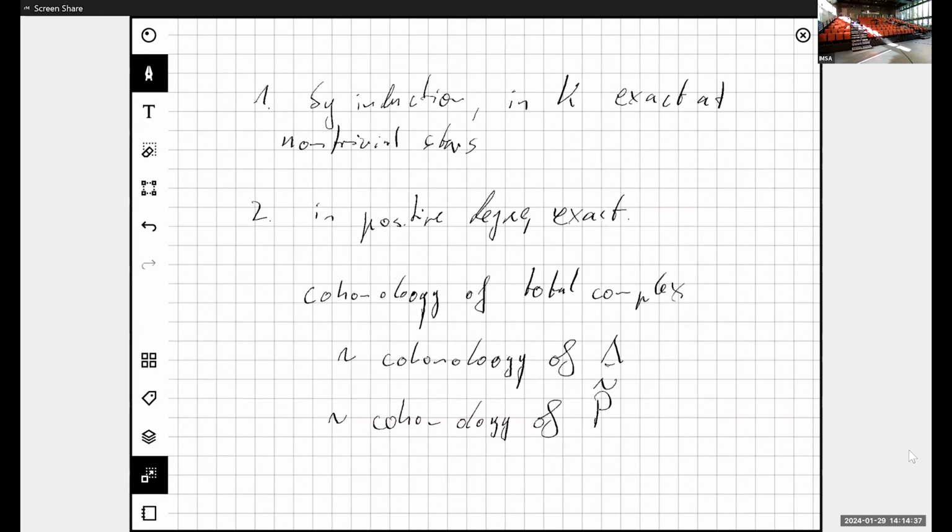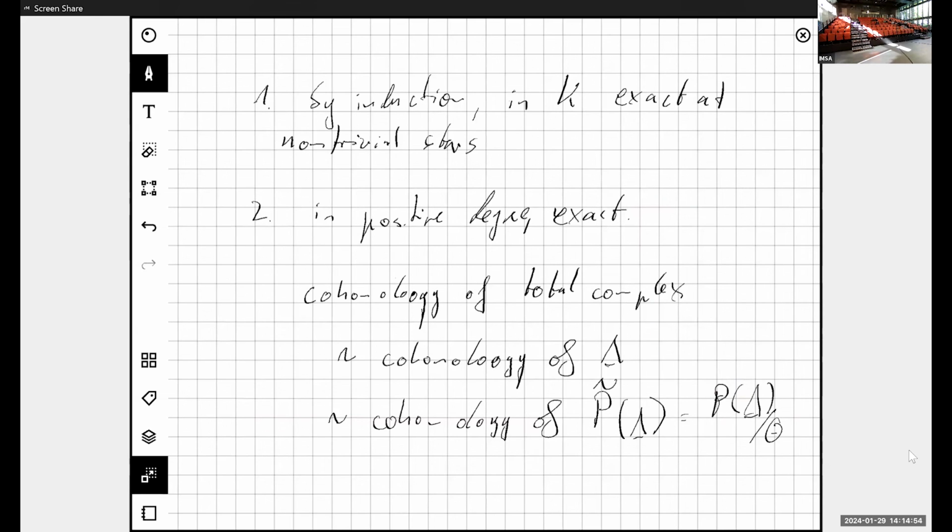So let me write P delta theta, which is just P delta modulo this linear system of parameters.